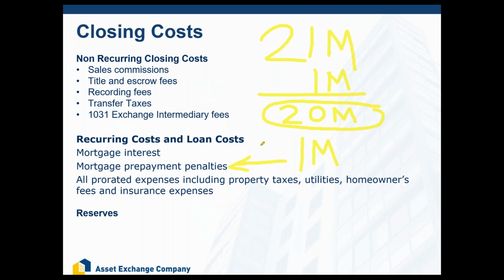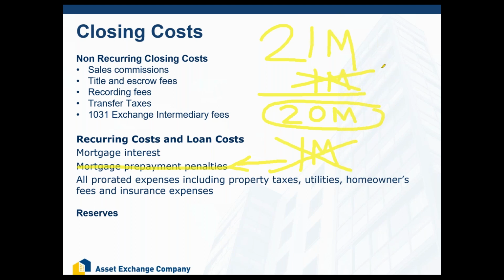I had to tell him, no, you can't do that because the mortgage prepayment penalty is not a cost that can be deducted from your sale price for 1031 purposes.